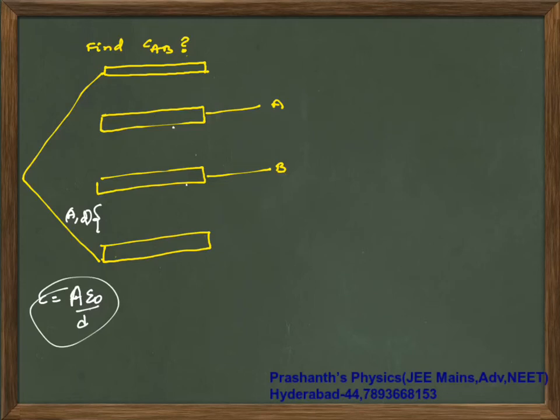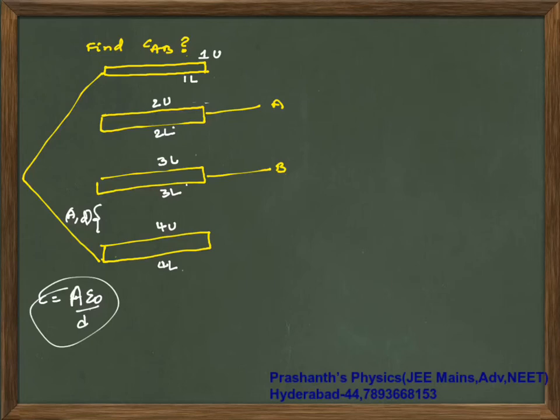One upper, one lower is one thing, two upper, two lower is one thing, three upper, three lower, and four upper, four lower. Here you have totally three capacitors.